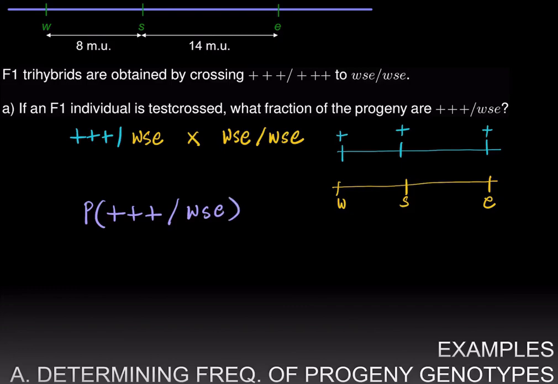Now, the WSE chromosome is going to come from the tester, and all their gametes are WSE, and therefore this probability is the same as the probability of getting a plus plus plus chromosome from the trihybrid individual.